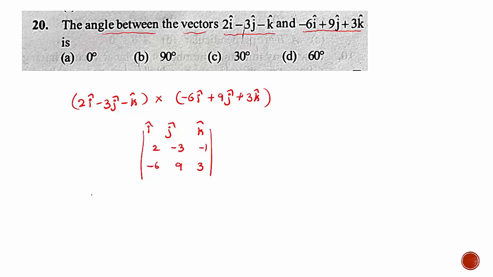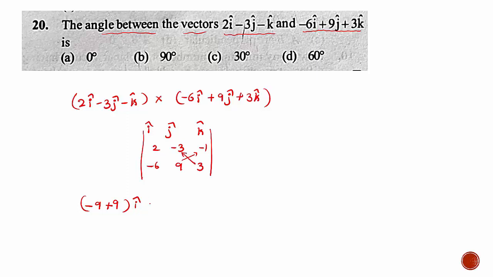Here 3 into minus 3 will be minus 9, minus into minus will be plus 9 i cap. This value is 9 and this is 3 into 3.